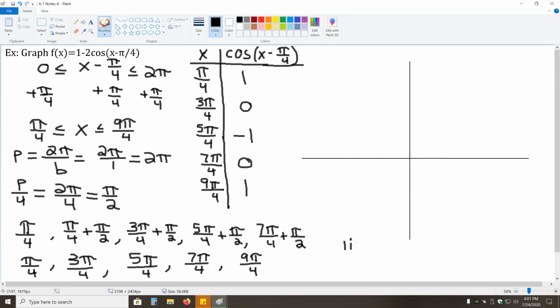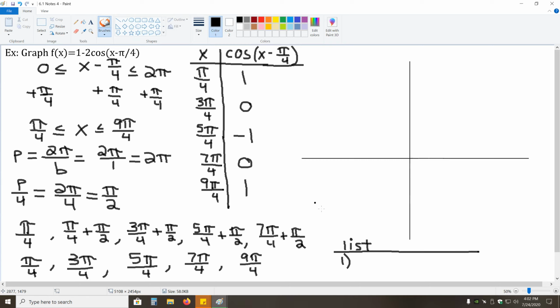So making our list, and we're a little bit short on room here, so I'll try to fit this in. We need to note if there are any vertical transformations. The first type of transformation we always look for is, is there a vertical reflection? Meaning, are we multiplying the outside of our function by a negative? And in this case, we are. We're multiplying by a -2.